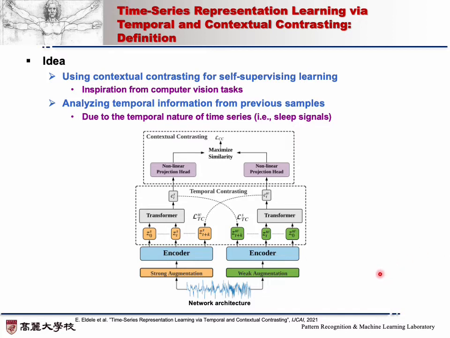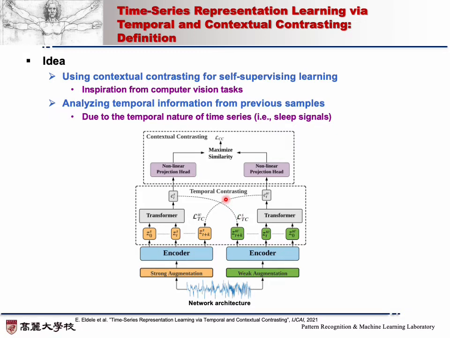First, if you look at the architecture, the model takes two augmentations of a signal, then encodes them, and tries to predict the future parts of a signal from previous signals, and compares it with another augmentation result, so here and here.